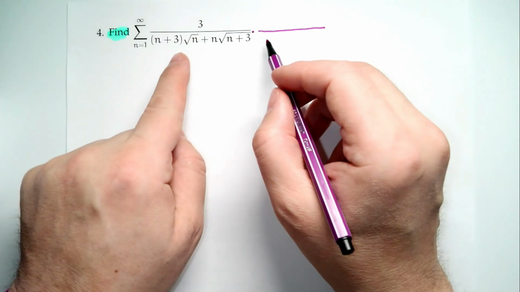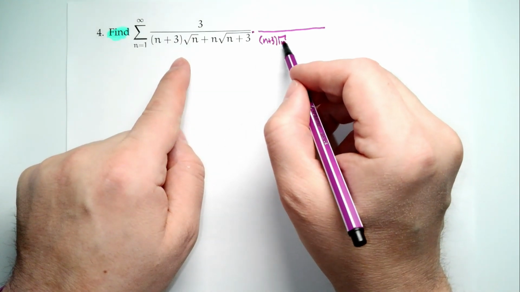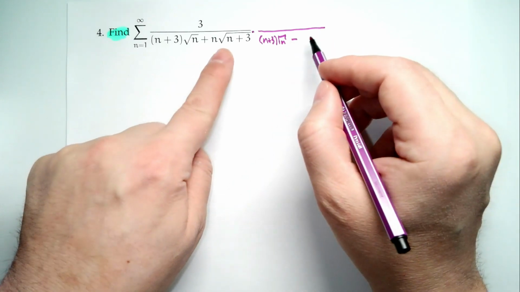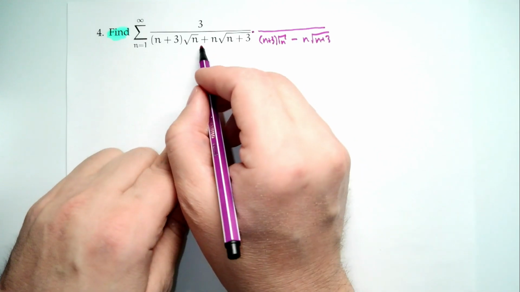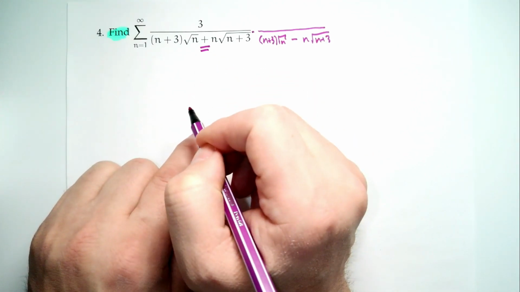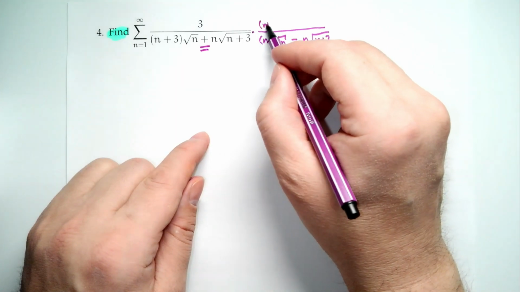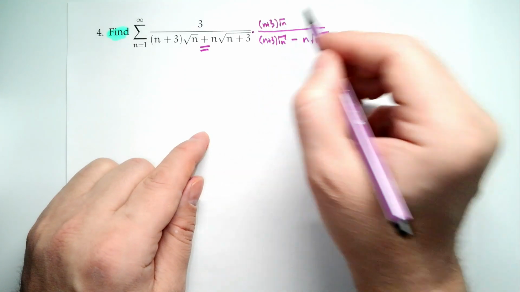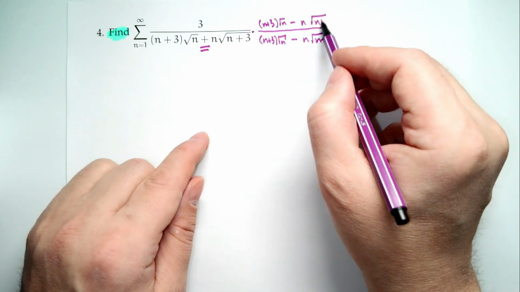So we're going to still have our 2 terms, n plus 3 square root of n minus n square root of n plus 3. So this is the sign that we changed, the one in the middle. Well, whatever we do to the bottom, we got to do it to the top. So n plus 3 square root of n minus n times square root of n plus 3.